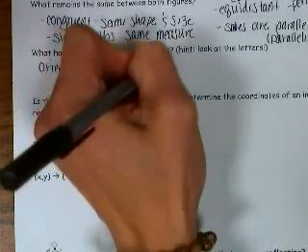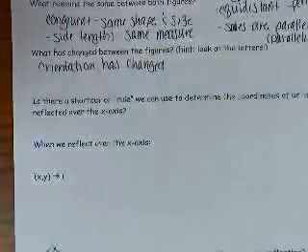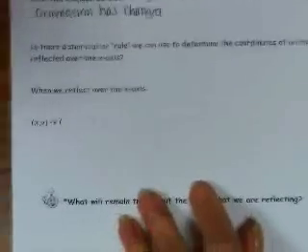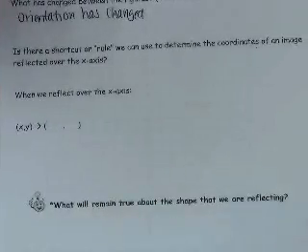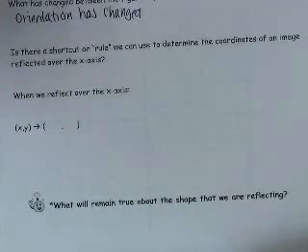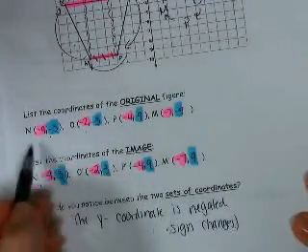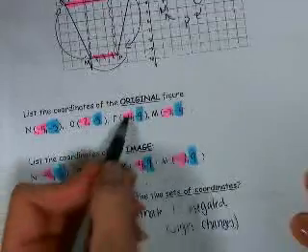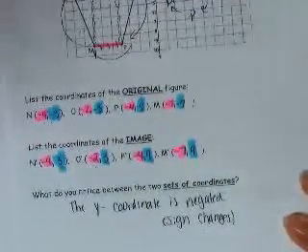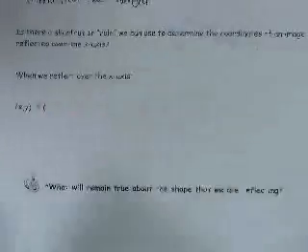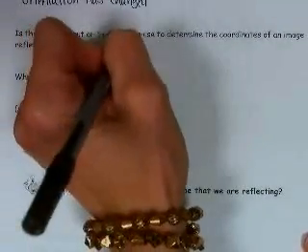So let's think if there's a shortcut or a rule that we can use to determine a reflection over the x-axis. Well, if I look at my original coordinates here, it looks like I'm keeping my x-coordinates the same, but I'm negating or changing the y-coordinates. So let's go ahead and write that down.